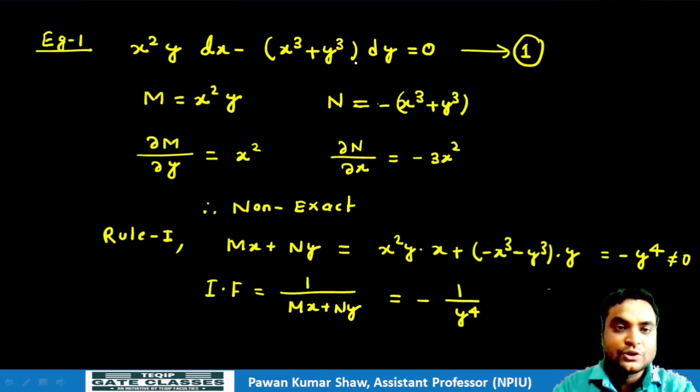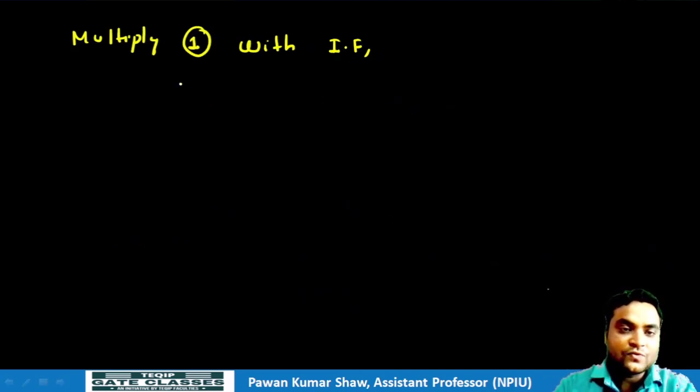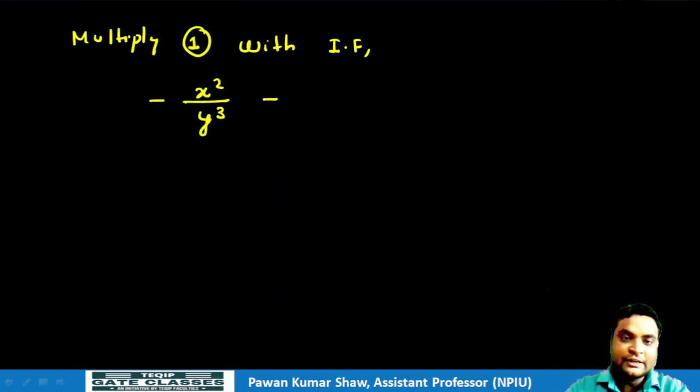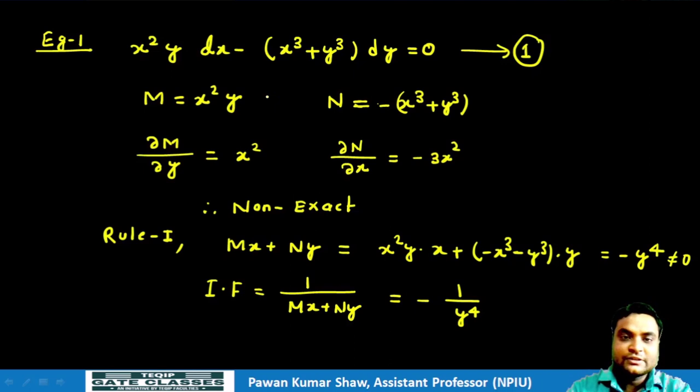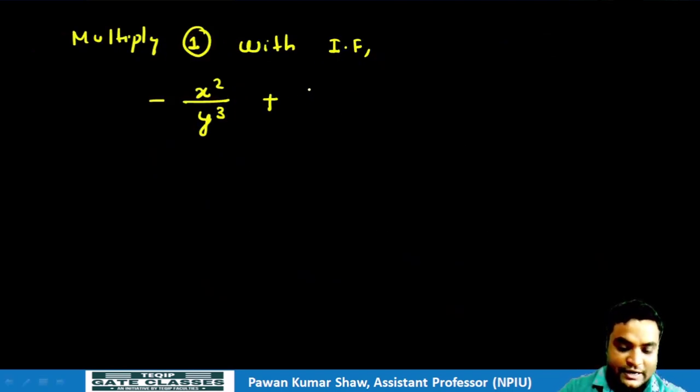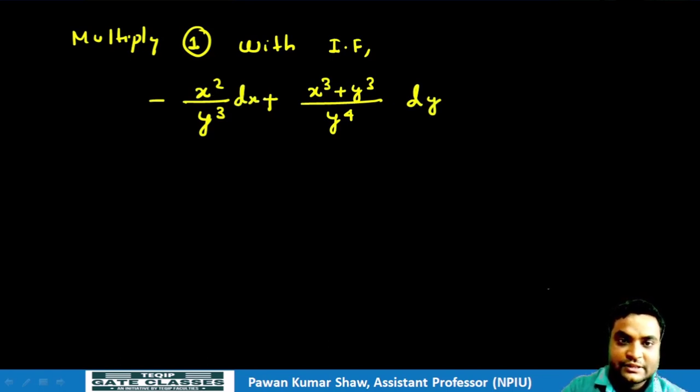So that is x square by y divided by minus y to the power of 4. So we can write minus of it's x square by y cube plus the second term is our minus x cube plus y cube and if it is divided with minus of y to the power of 4, in that case it will be plus and here we can write x cube plus y cube divided by y to the power of 4 dy and previously it was dx equal to 0.